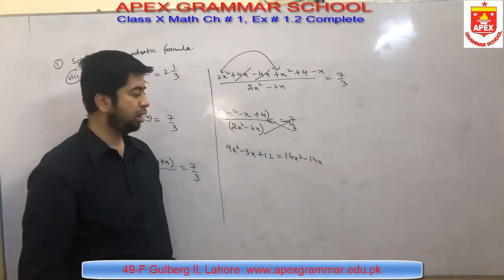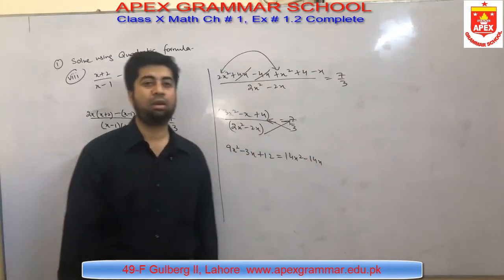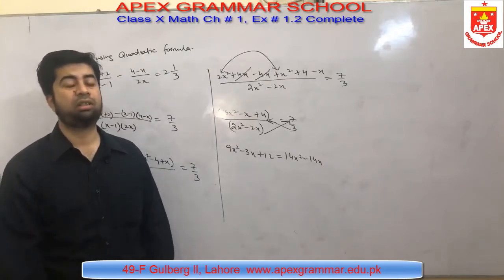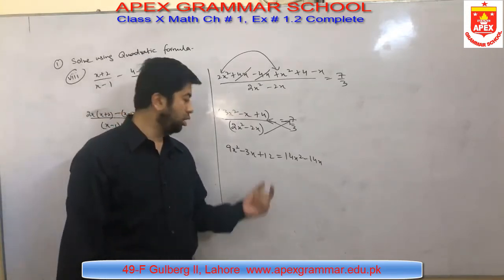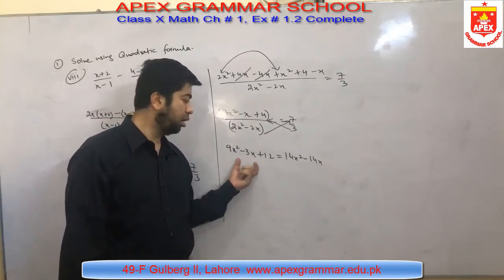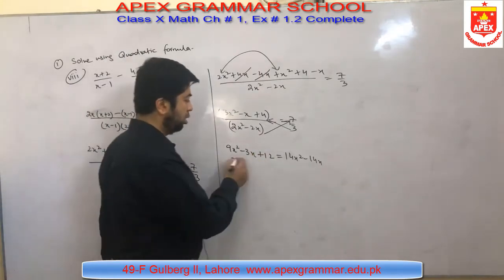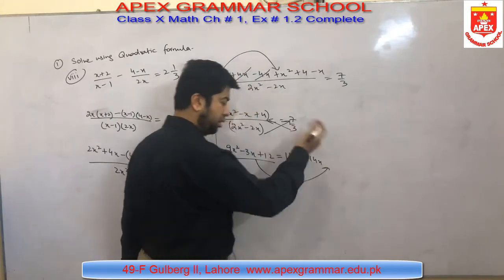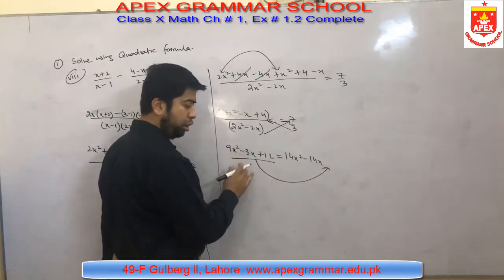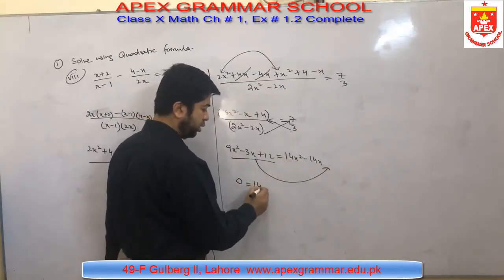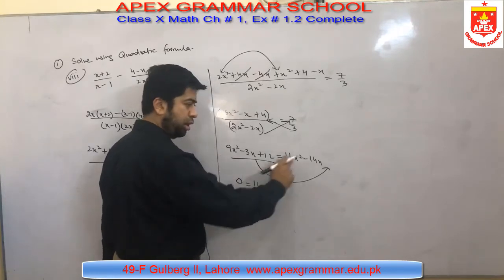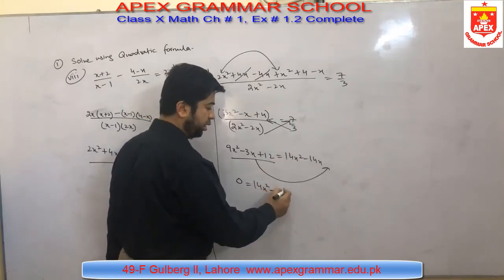Now this is again not like the general form of a quadratic equation. You just have to shift all these values to the right hand side with change of sign. 0 left here. Now 14x square, 9x square with negative sign here, shift it here.